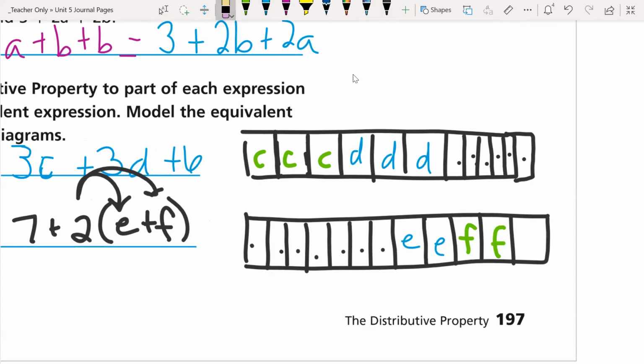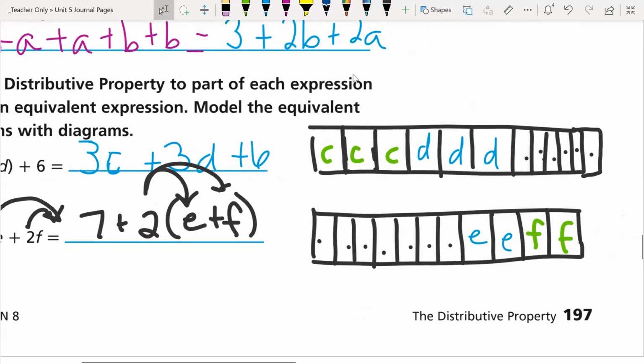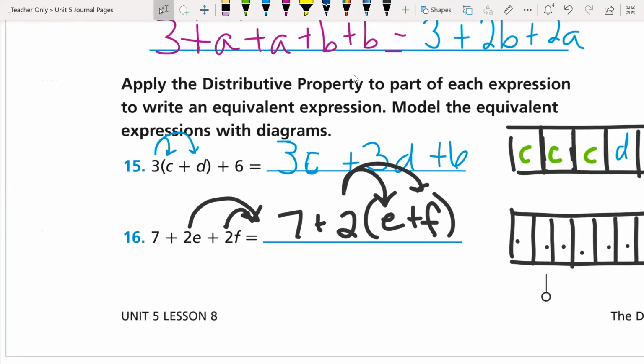And I made this too big, so I'm just going to get rid of that real quick. Cool. All right. So there's my visual representations, 7 plus 2E plus 2F, and 3C plus 3D plus 6 unknown values.